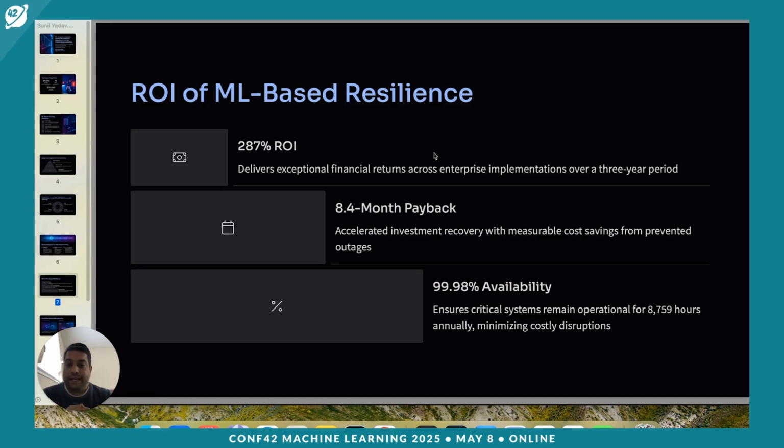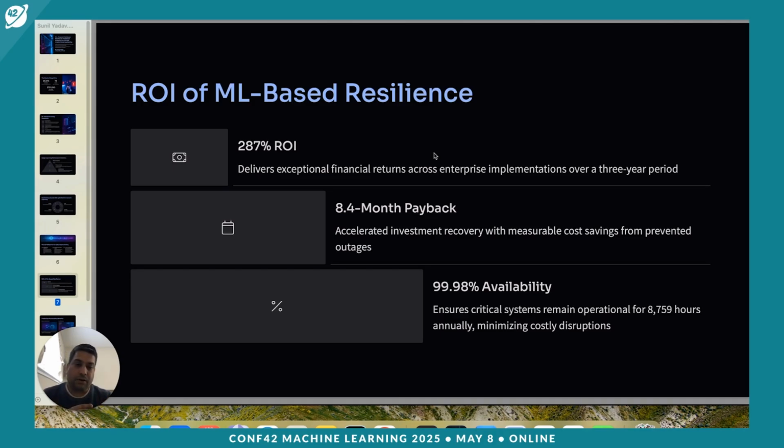Again, 99.98 percent availability ensures all the critical systems are operational for 8,715 hours annually, which means only a few minutes of downtime is allowed industry-wide, and there are agreeable parameters through SOX and other compliance standards on how many minutes of downtime are allowed to achieve that standard of availability of databases in Oracle or any other technology.